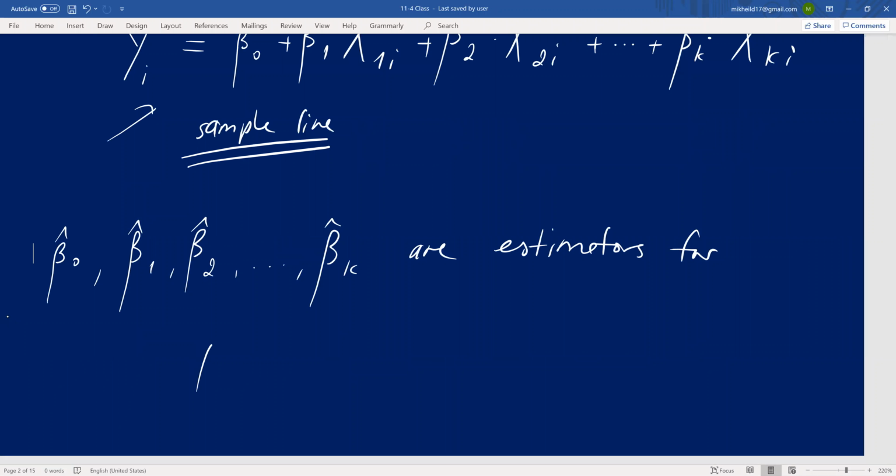Beta 0, beta 1, beta 2, and so on, beta k, right? Now we want to be sure that these beta hats are the best possible estimators.